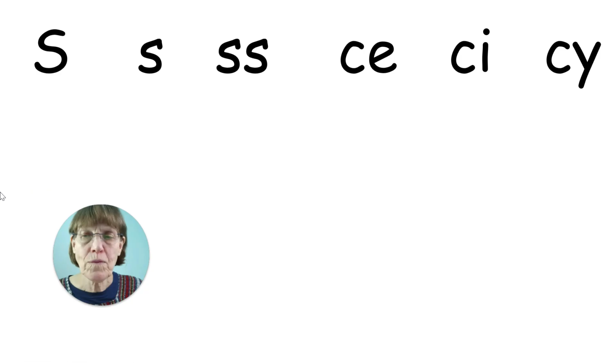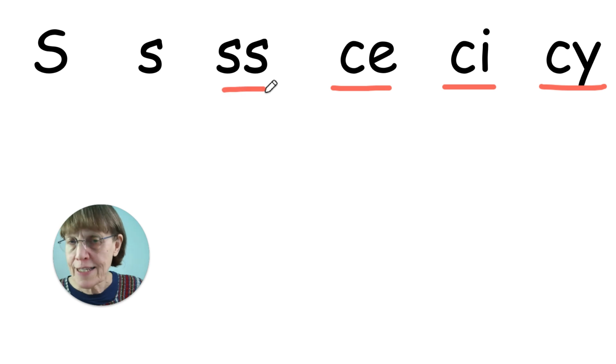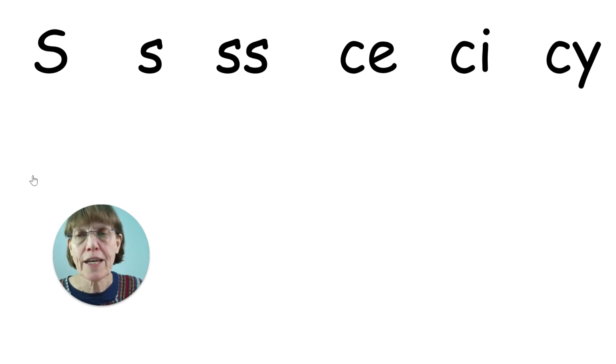Your last sound is S. See if you can write two ways of spelling S. There are many ways. So hopefully you put at least an S. That is the most common. But CE, CI, and CY and SS are also pretty common.